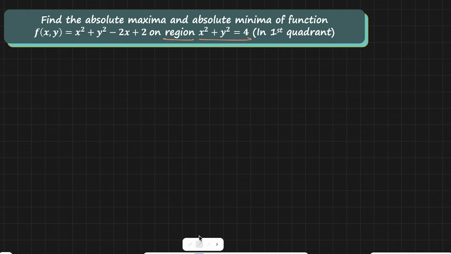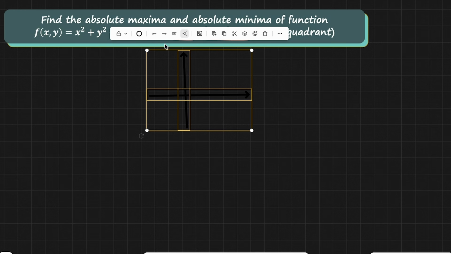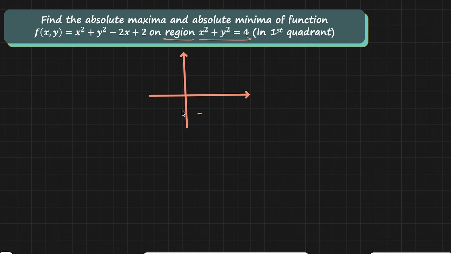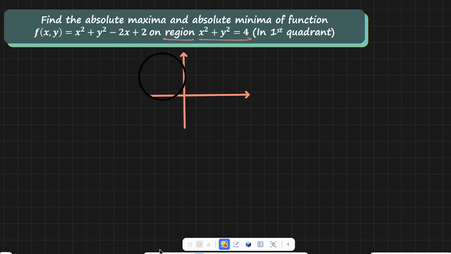Now just try to understand this bounded region. It is basically a circle, something like this, and I can draw it.